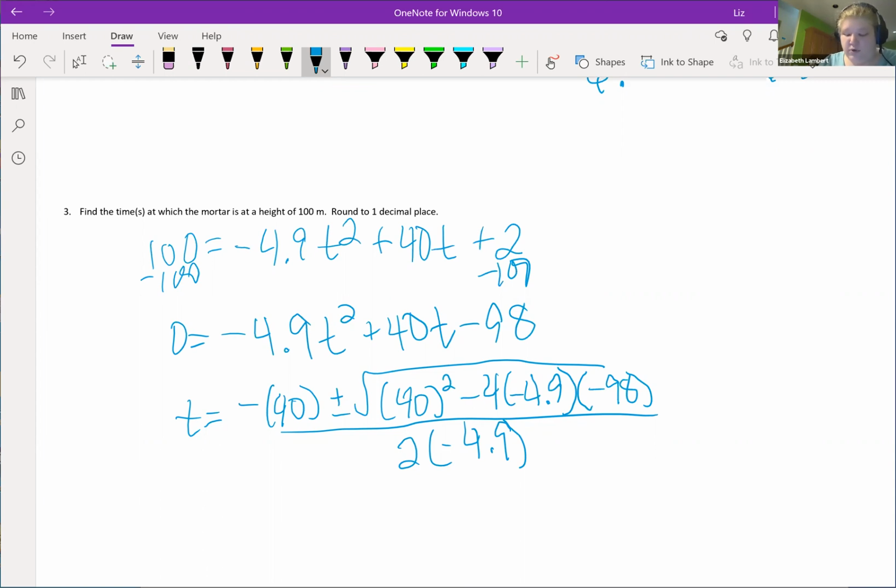All right, fine. 4 times 4.9 times, well, negative 98. So it's going to be minus 1900. 40 squared is only 1600. So we actually have negative 320.8. That is what's inside the square root.